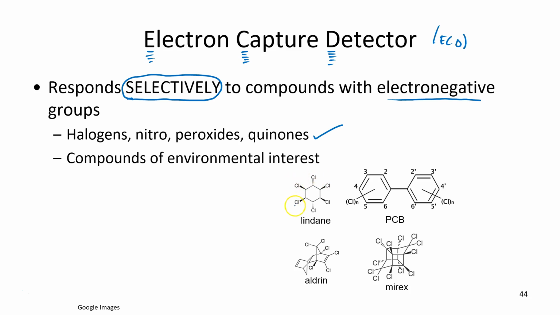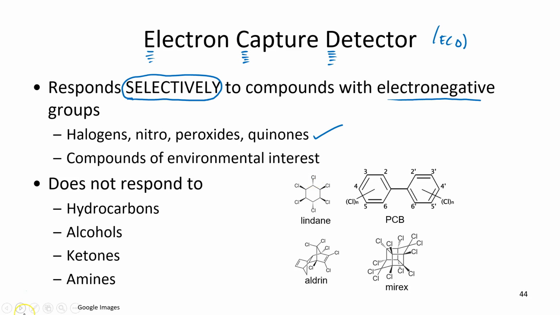Look at all of these electronegative functional groups, all of those halogens. Again, the ECD does not respond to all compounds, making it not universal, but we're really more interested in its selectivity. So let's talk about how the ECD works.